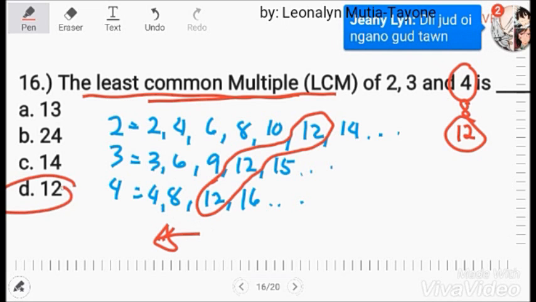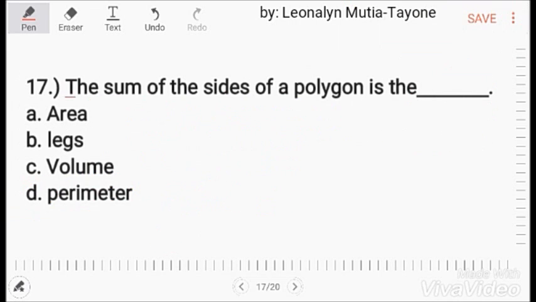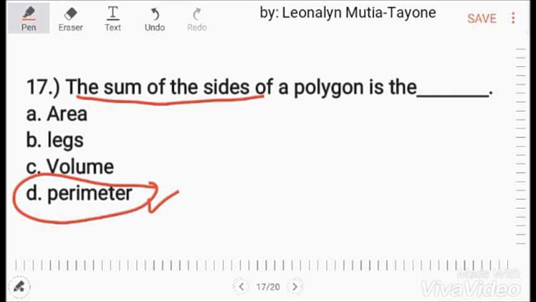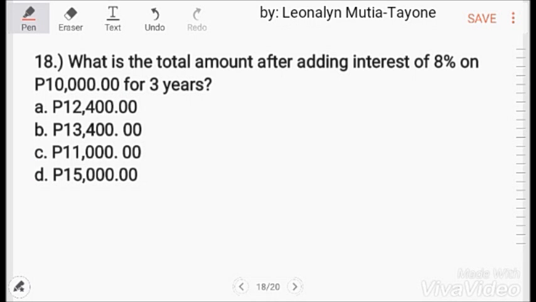So the answer is letter D. Number 17, the sum of all sides of polygon is perimeter. When we say the sum of the sides, that is perimeter, because perimeter is the length of the outline of a shape.